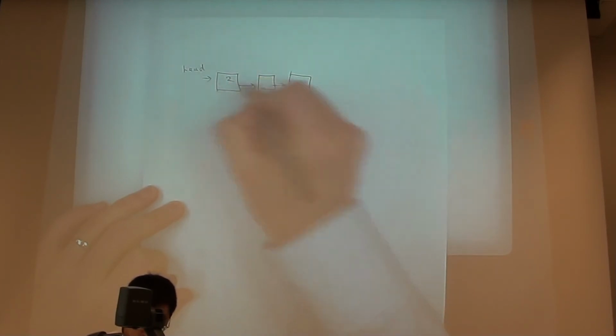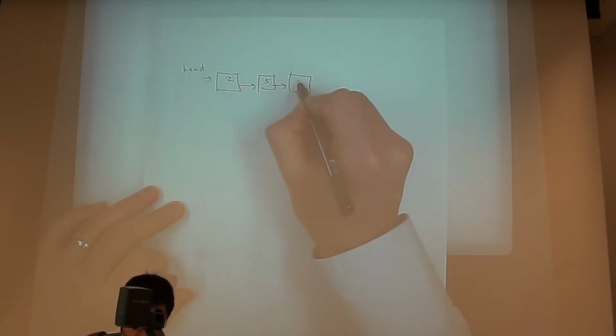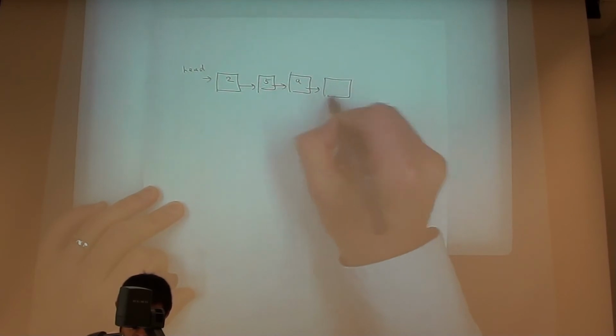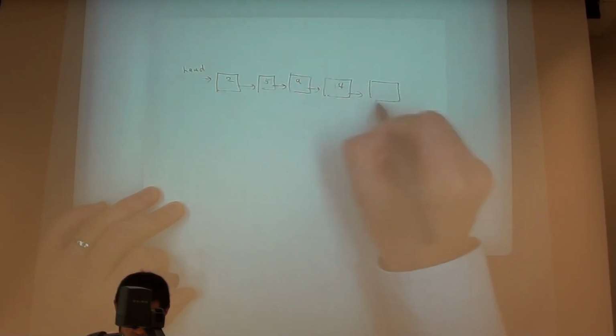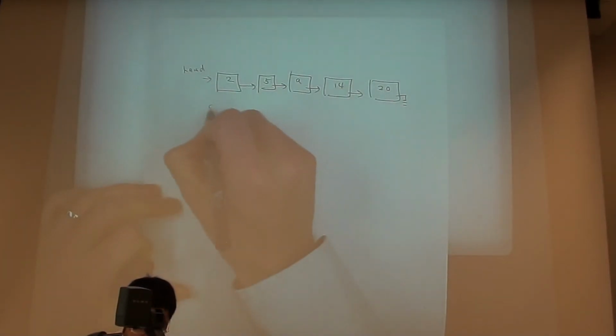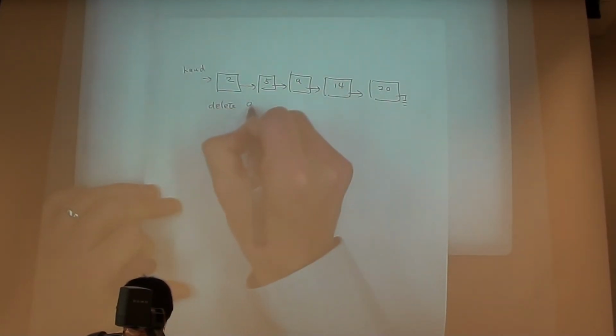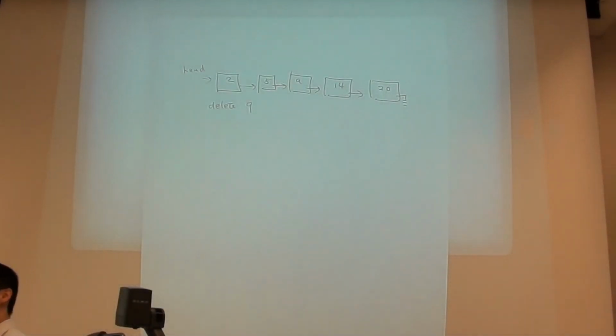So let's say 2, 5, 9, 14, and 20. Okay, suppose that's my linked list. Let's say I want to delete 9. Suppose that's what I want to do.